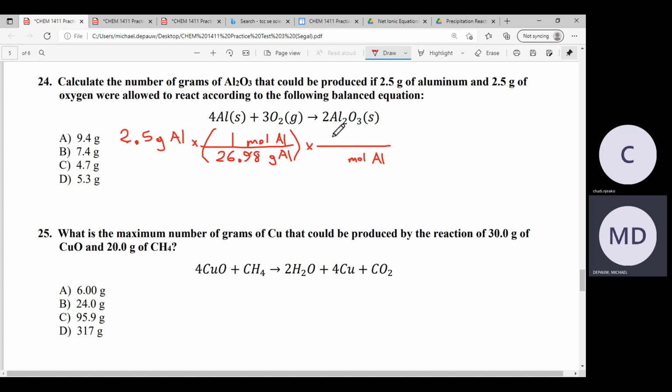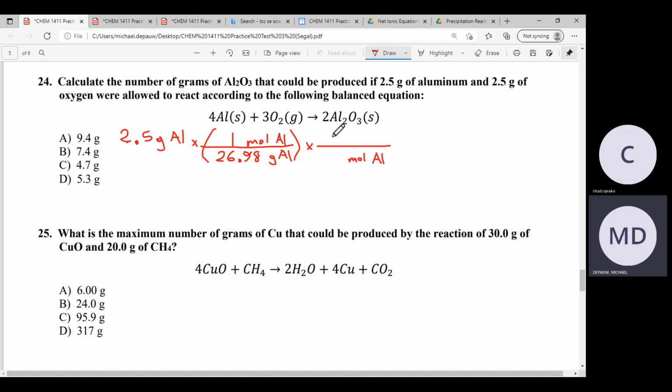You could convert to oxygen, but if you were going to convert to oxygen, what would you convert to? Grams of oxygen, liters of oxygen, moles of oxygen? Can't convert moles of aluminum to grams of oxygen directly. The only way to change the substance is a mole to mole ratio.